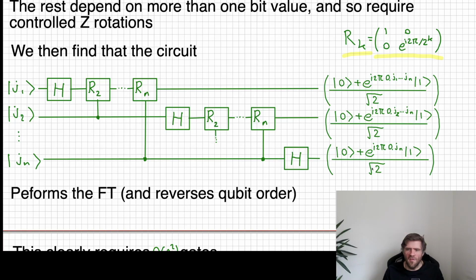So with that in mind, this is basically the circuit that does what we need. We already know that the phase that we need for this particular qubit can be done by just a Hadamard.